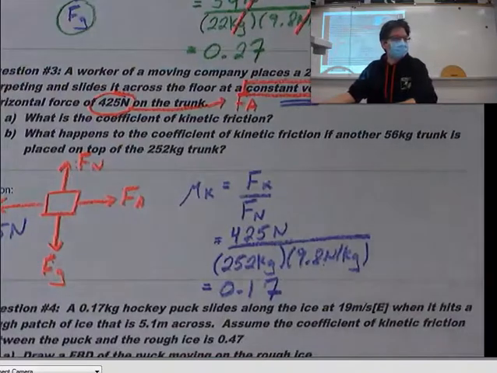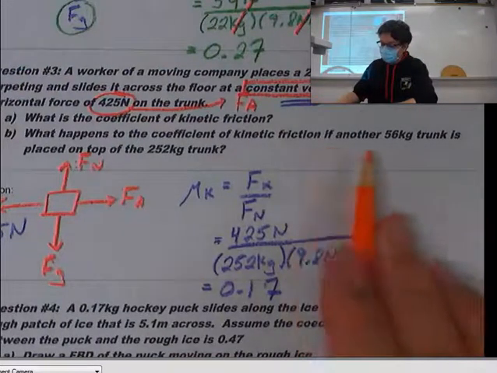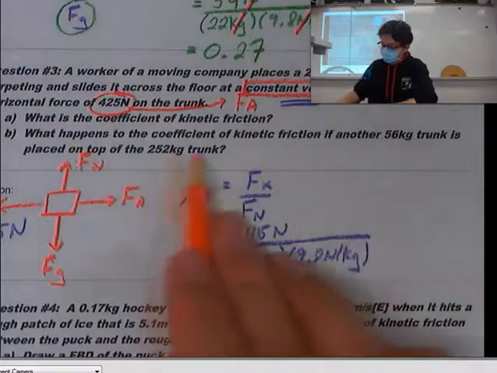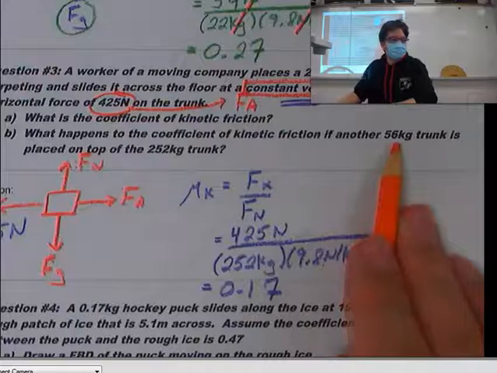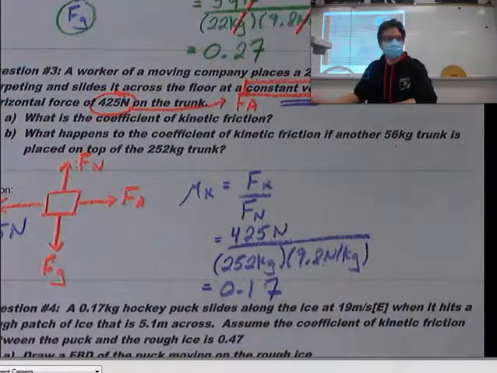All right, so it sounds like if we place another trunk on top, that would somehow increase the value of the coefficient. But it's almost like a trick question, because it doesn't increase the value of the coefficient.